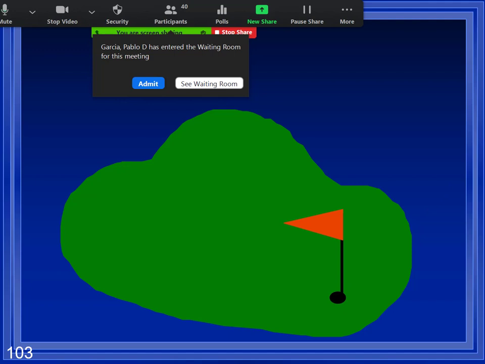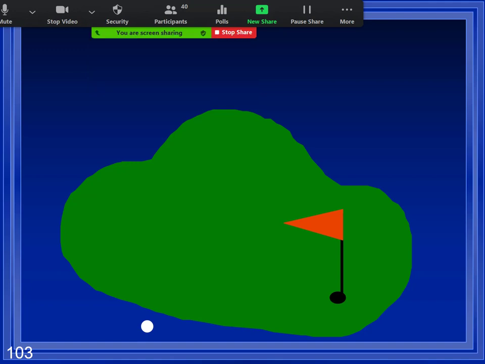Okay. Then this hole. First shot goes here. Second shot goes there. Third shot goes there. Were those shots precise?